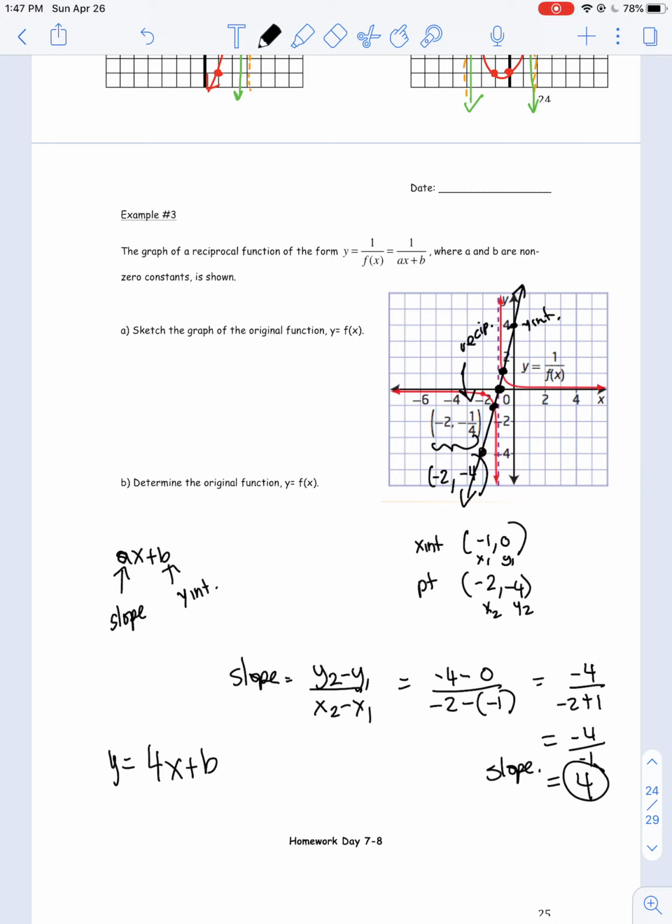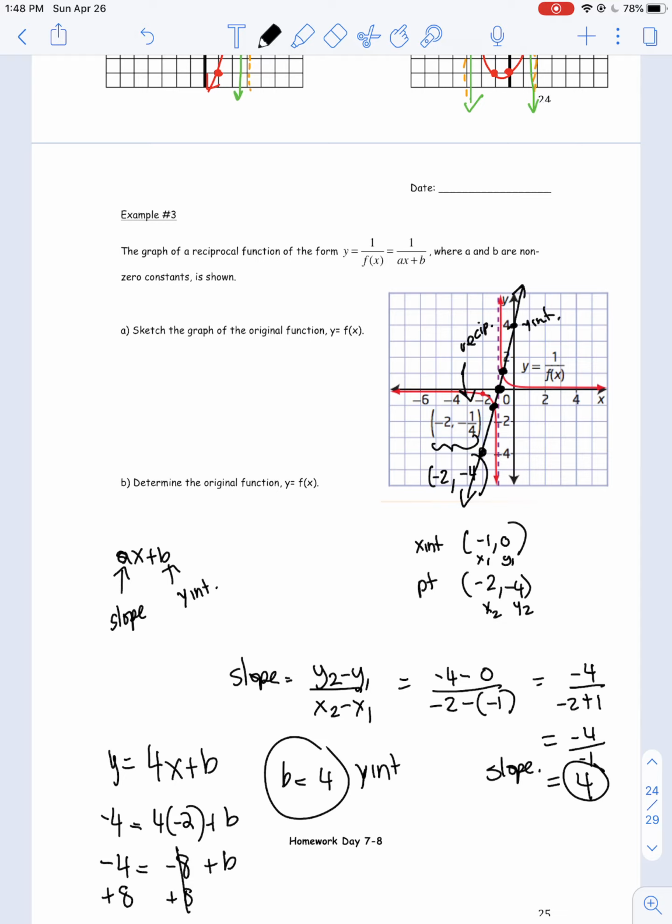But if you are not sure, then what you can do is substitute the value and plug in the point -2 and -4. X is -2, y is -4. And so we have -4 equals -8 plus b, and then we're going to add 8 to both sides. So that means b equals +4. So that's your y-intercept.